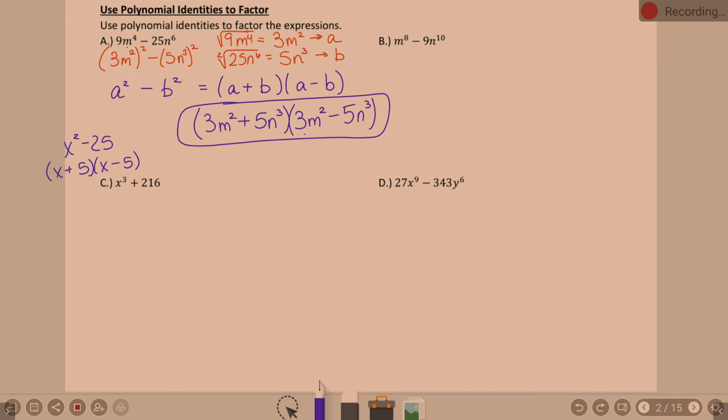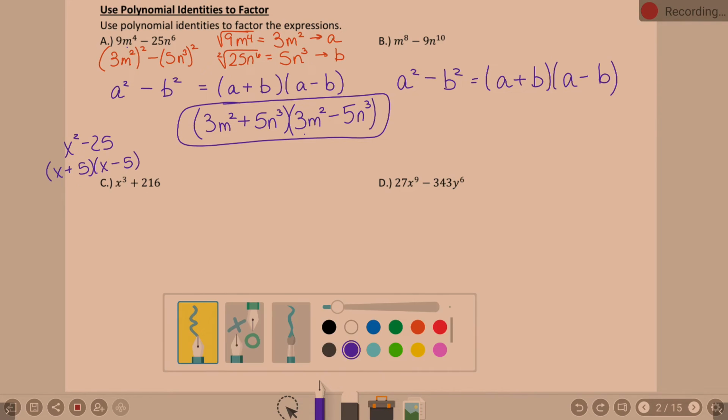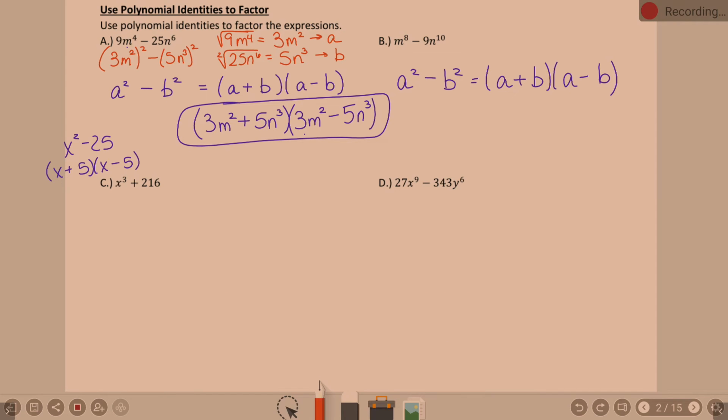Exponents are perfect squares if they can divide by 2 as a square root. So that is difference of squares again. So that means, just like previously, I'm going to think a squared minus b squared, which means when I fill in my answer, a plus b times a minus b. The question is, can you come up with a and b?